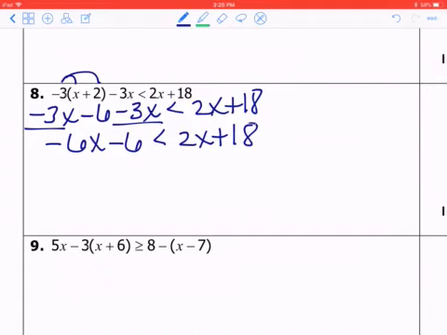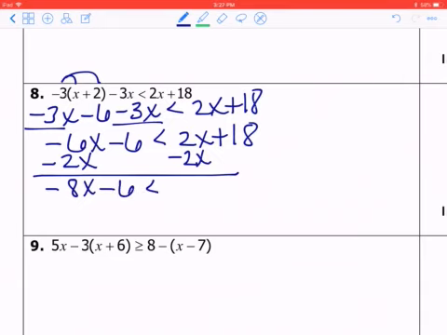You need to get your variables to one side. So I'll just go ahead and subtract my 2x. Give me negative 8x. I will add 6. Give me 24. I'll go ahead and rewrite this over here since I ran out of room.